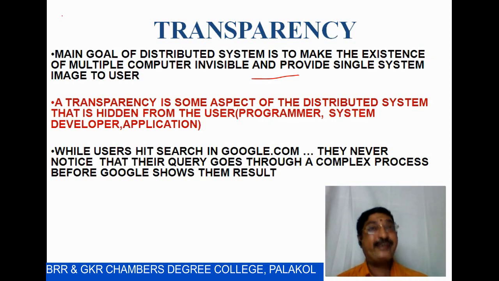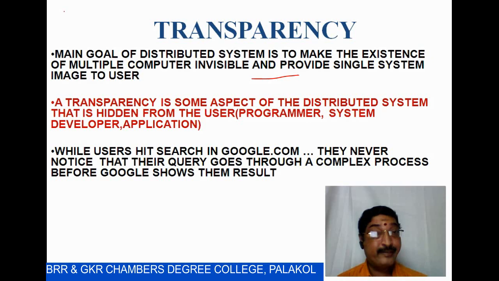Simply, we are getting the results of our search only, but we are not aware of what's going on inside the searching. What are the machines involved in our searching? How many servers are searched? What are the algorithms used? What are the programs used to search our details? We are not getting details about all this. Simply, we are getting the results only.